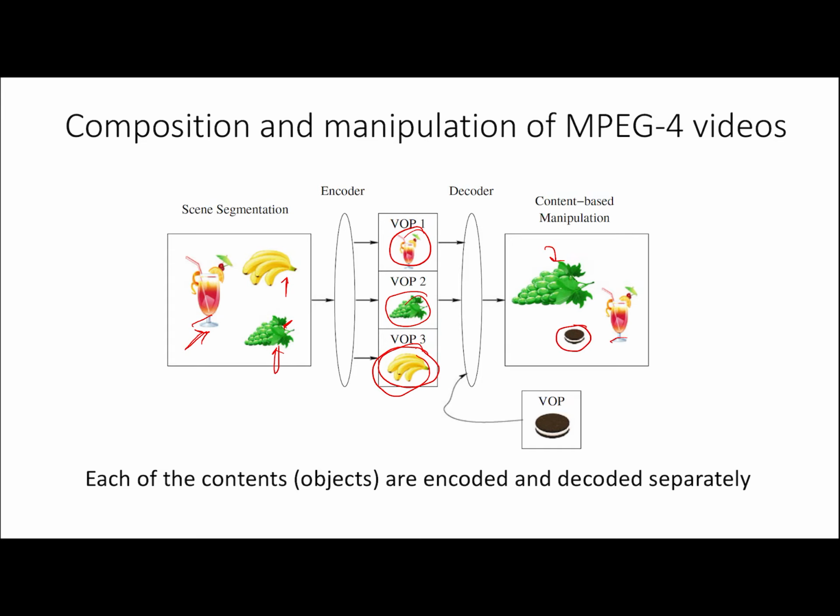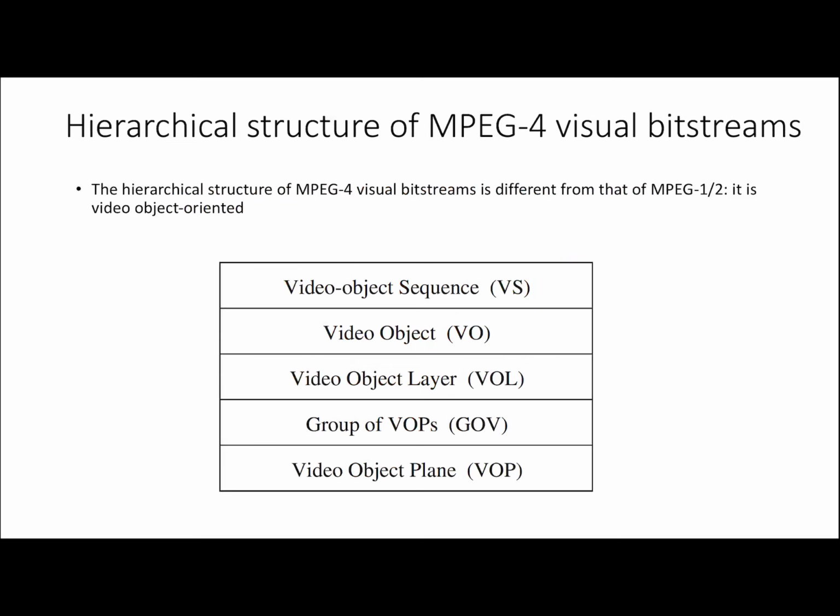These will be divided into different objects, and it may be possible to manipulate these objects, like we have changed their size and position in this particular case, and also this. And it is also possible to insert a new object or delete an existing one. So I have deleted this banana and instead I have added this cookie over here.